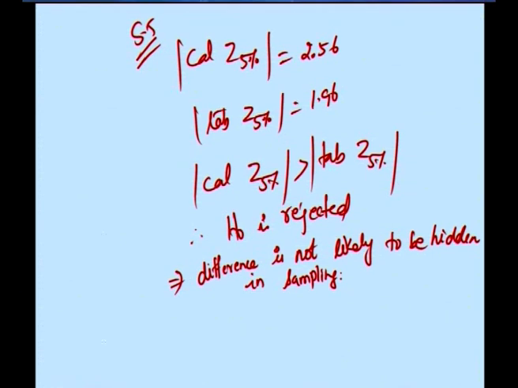Now, large sample test is discussed with the test of a single mean, test for difference of means, test for specified standard deviation, test for equality of standard deviations, test for single proportion, and test for difference of proportions.